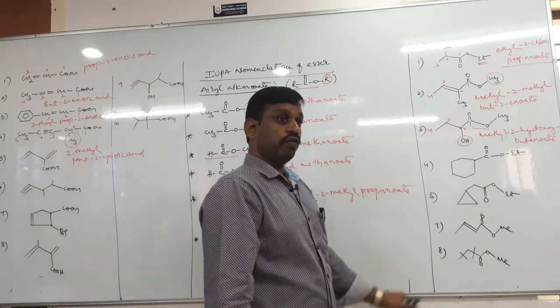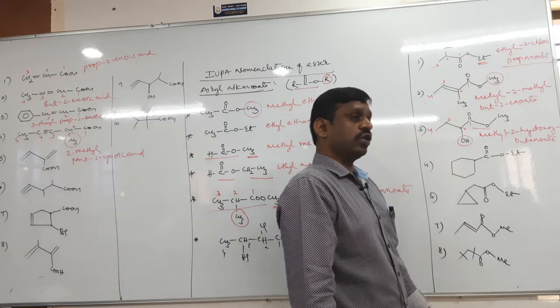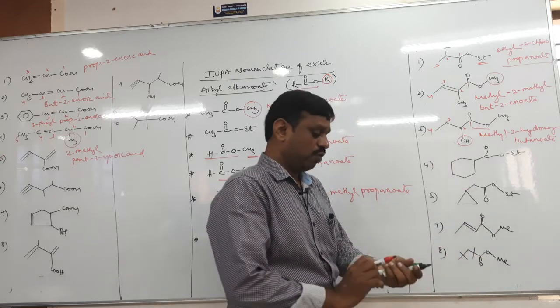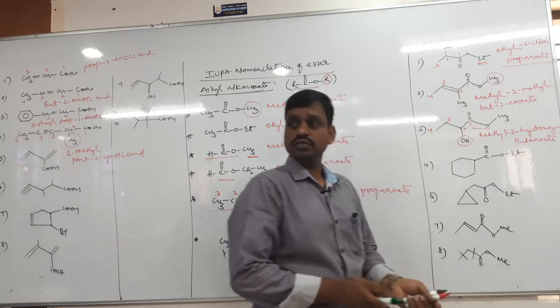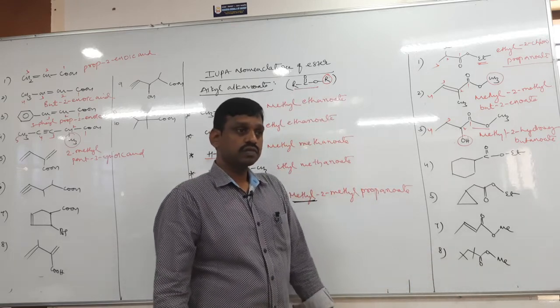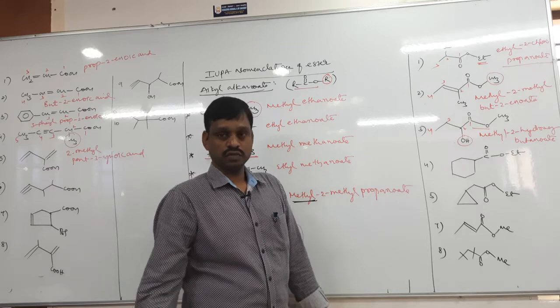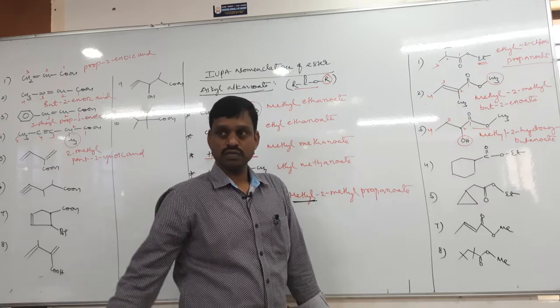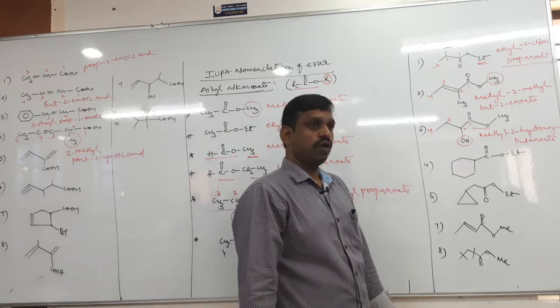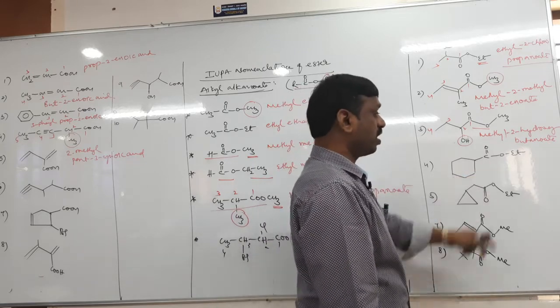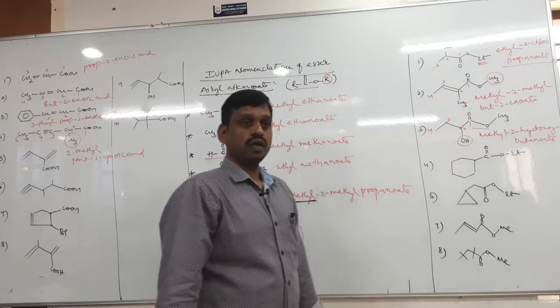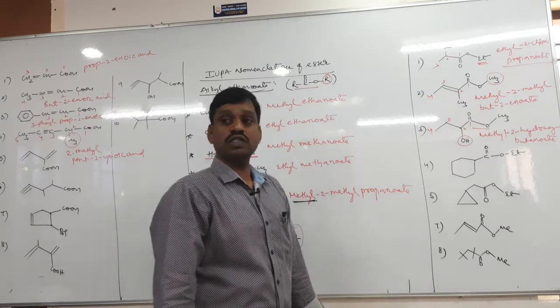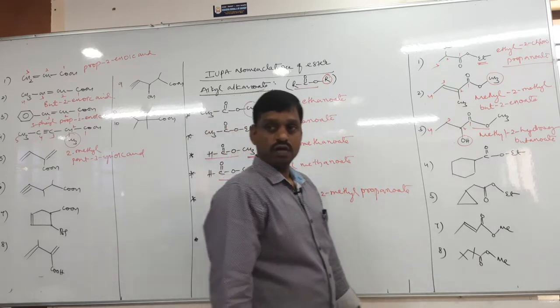Okay. But when the ester group is directly attached to a cyclic ring, what is the IUPAC name? Carboxylate. Okay.